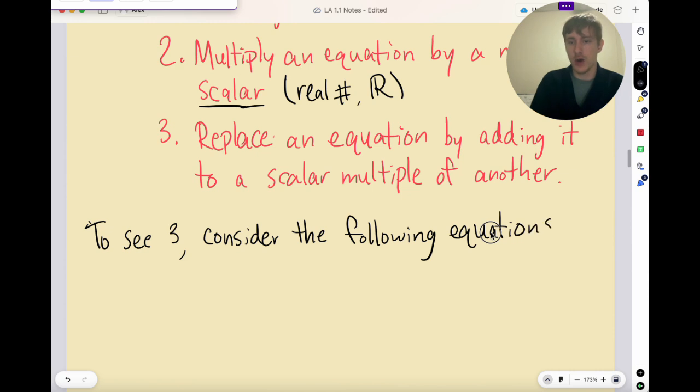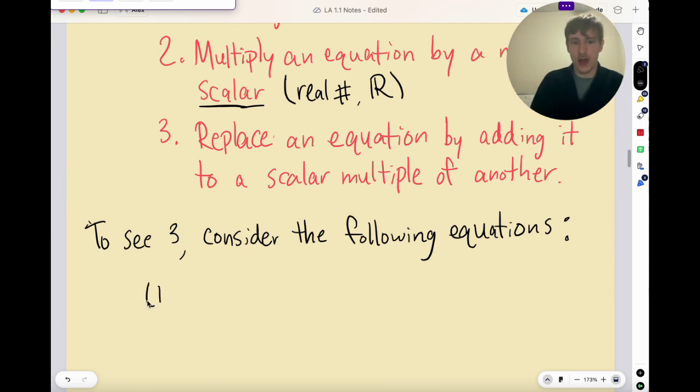We're trying to show that the solution set remains unchanged if I replace one equation with a scalar multiple of another. So I just have to pick 2 equations out of the n. N could be like 100. I don't care about the 100, but I have to pick 2 arbitrary equations and go from there.